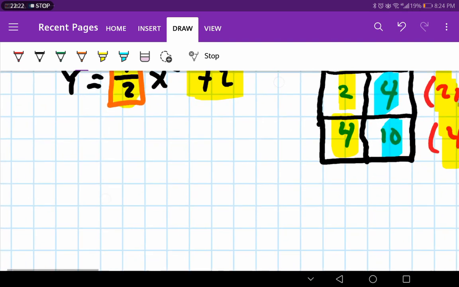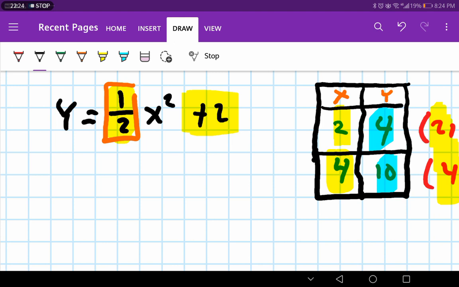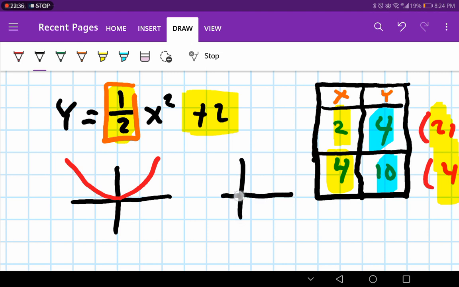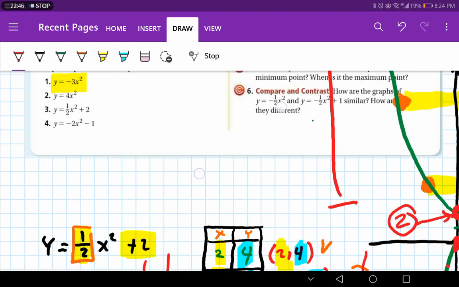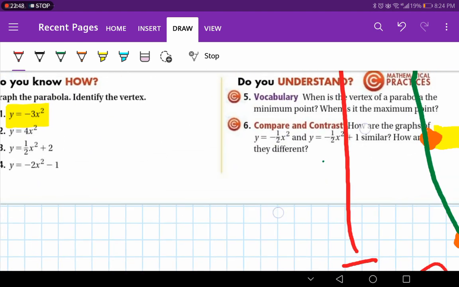It will be like this, big, if it is a fraction. If it is a whole number, positive or negative, it will be skinny, like this. Okay, my dear students, are you happy with that? I hope so.